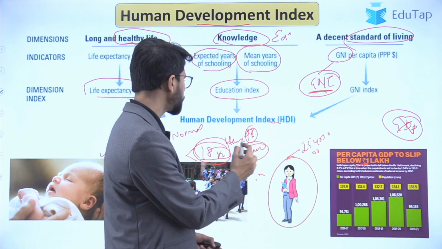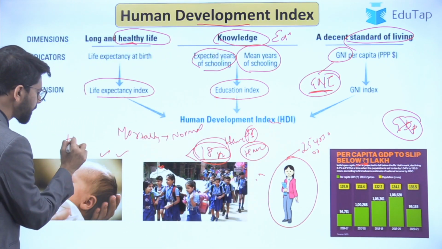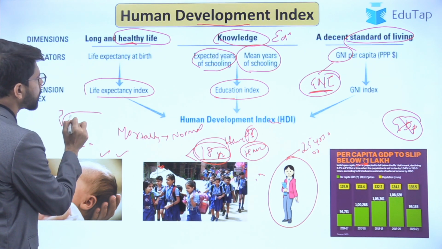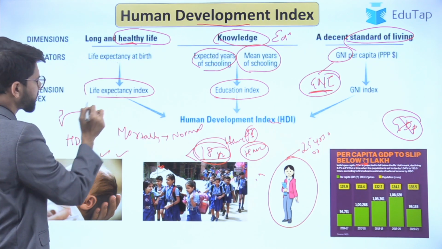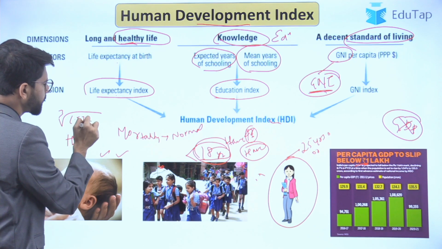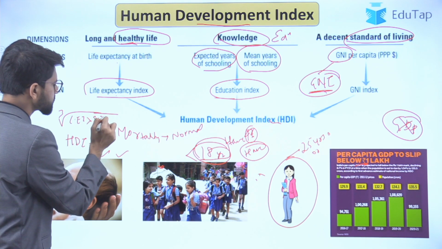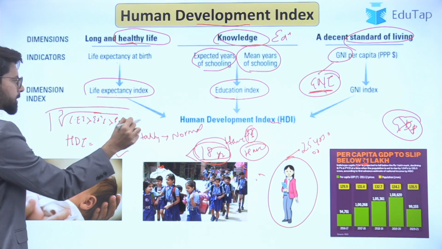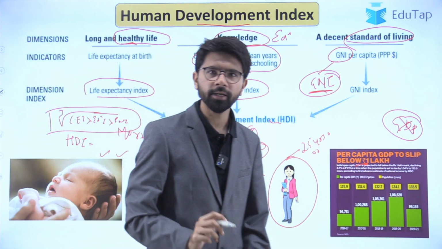So now if you were to measure the Human Development Index, it would be the geometric mean of all the three indices, that is life expectancy index, education index, and GNI index. So just remember this, it is a geometric mean, not an arithmetic mean.